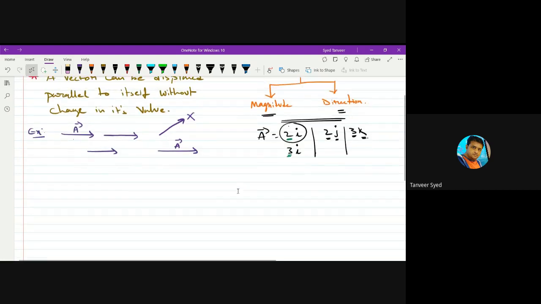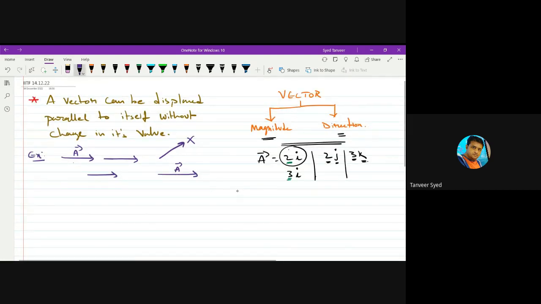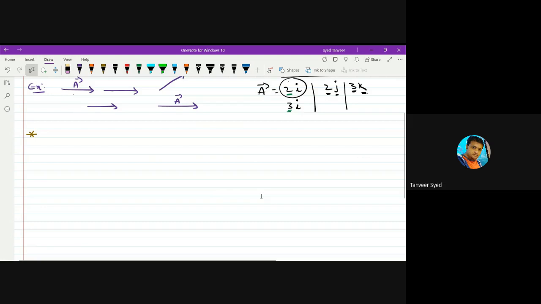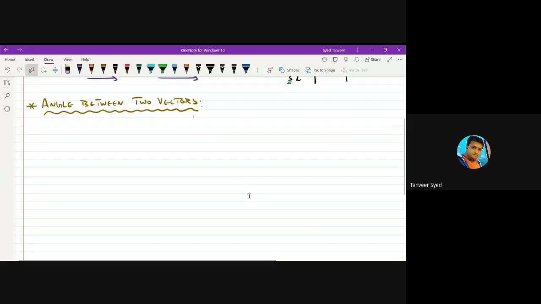Next. Another point that we should know is how to find the angle between two vectors.